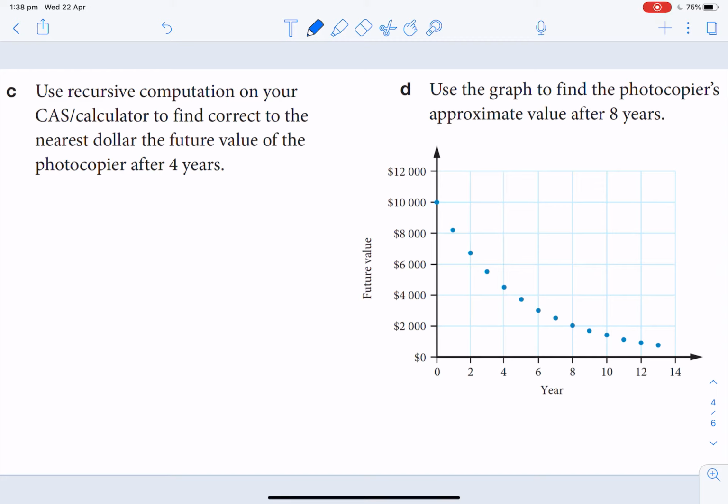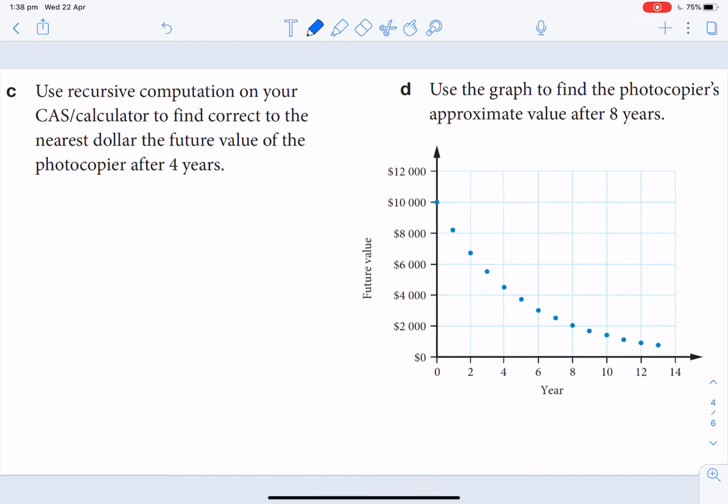Then you press enter again, and it'll give you about 6,700. Press enter again, about 5,500, and so forth. All you need to do is put in your initial number, press enter, put in the operation, the times, then the decimal figure, 0.82 in this case, hit enter. Each time you want the next year's value, you just keep pressing enter.